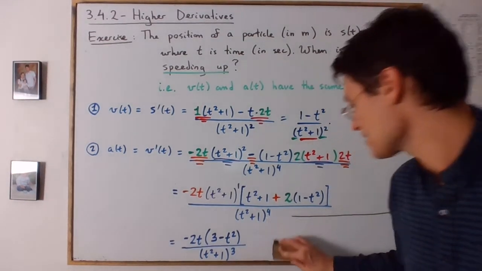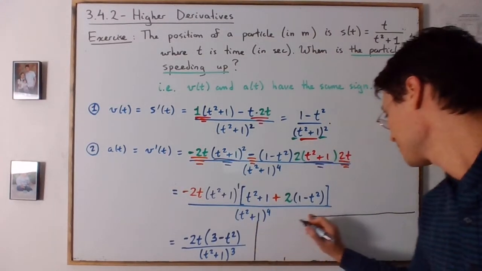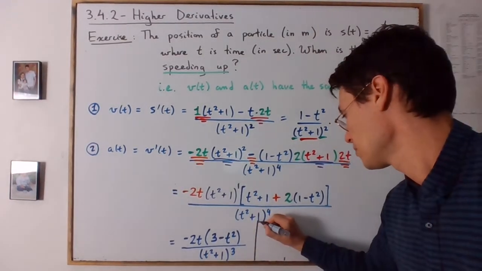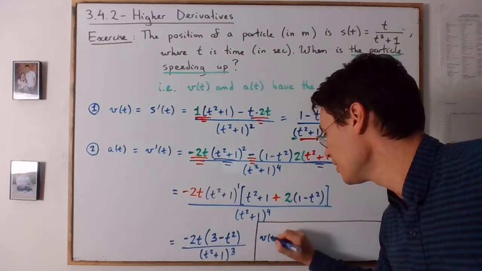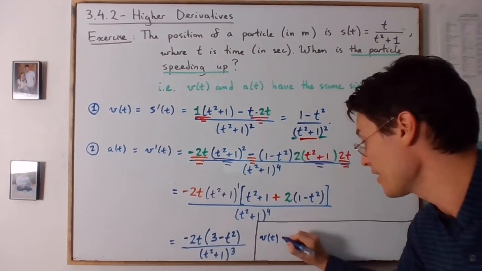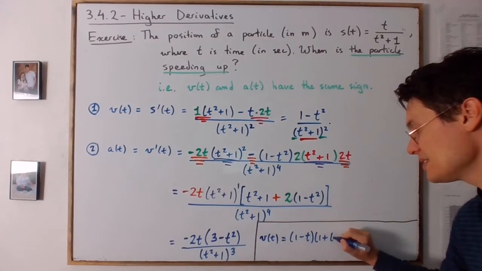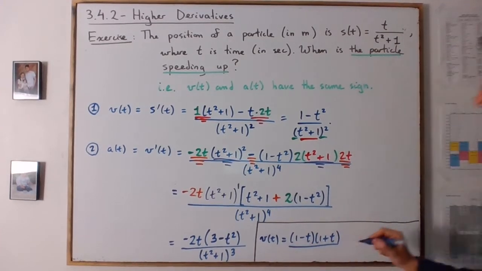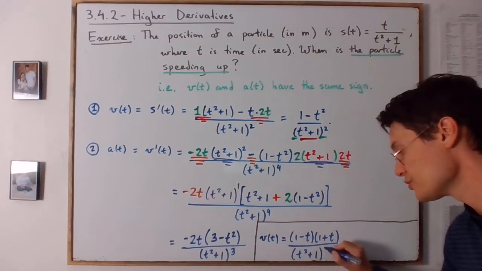I need more space. I will need a bigger box. So for the velocity, we're just going to factor the top here, which is a difference of squares. It's going to be 1 minus t, 1 plus t, divided by t squared plus 1 squared.